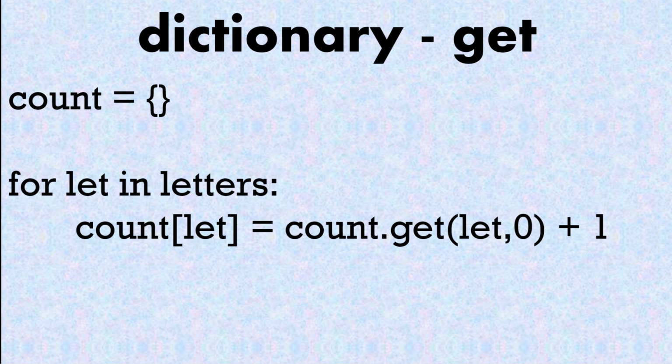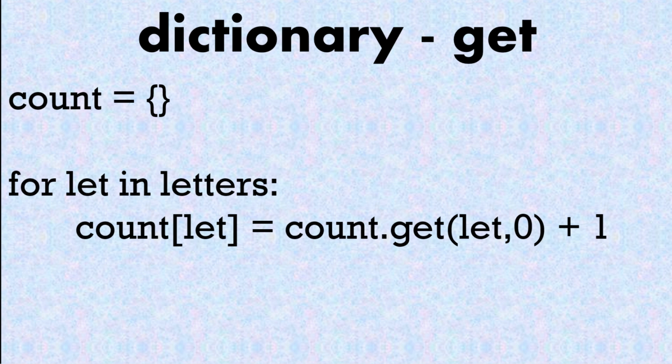So in this example, we make the default value 0. So when we're counting letters, the first time we count them, it gives it the value 0. Now we want to count them one time, so we use the +1. Now once a letter is already in the dictionary, we want to retrieve that value and add 1 to it. That's what counting is.